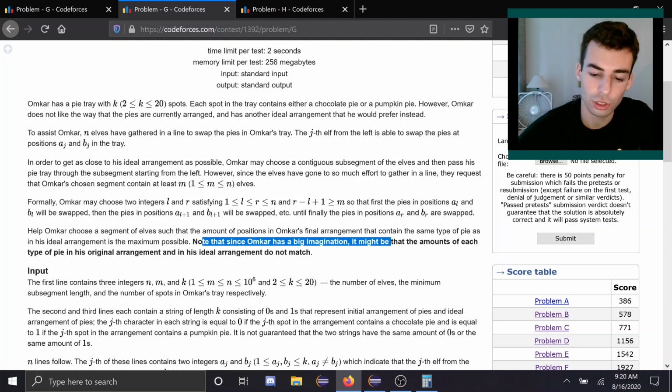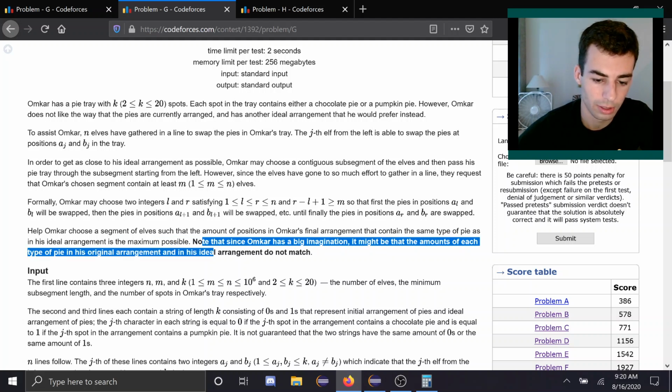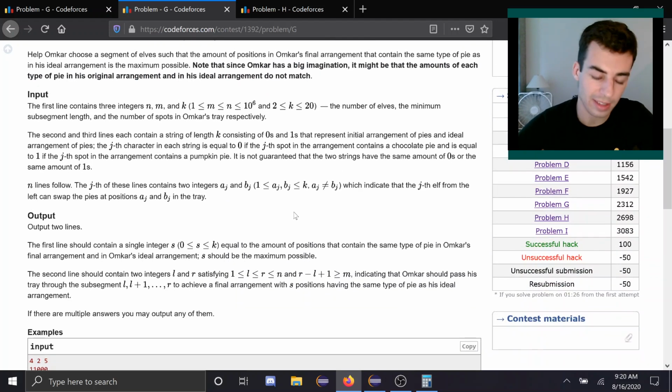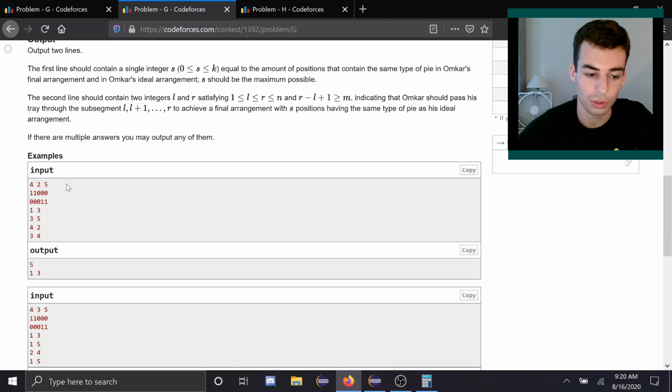Since he has a big imagination, the amount of each type of pi in his original arrangement. Oh, I see. So you might have too many ones, so you might not be able to do it perfectly. I see.